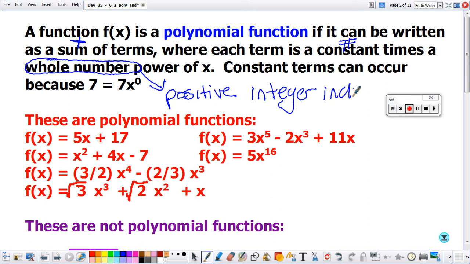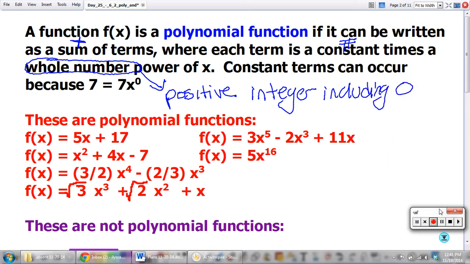Including 0. Constant term at the end can occur because, let's say if it's 7 at the very end of the polynomial, that technically has a power of x, which would be x to the 0, and a whole number includes 0.